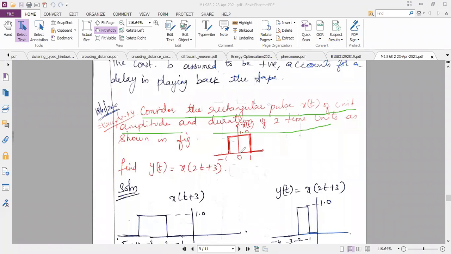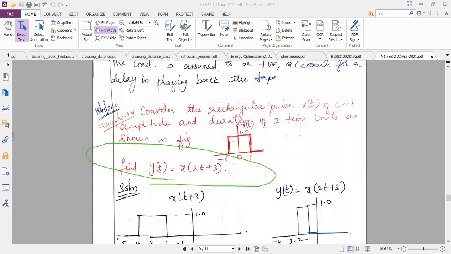That means this is one time unit and this is another time unit. You don't need to worry about the 2 time units because the diagram is given. Our work is to find the output y of t, which is x of 2t plus 3.